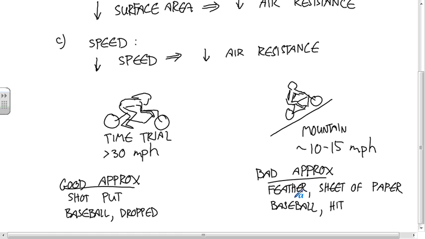If it's going slowly enough, you could make a free fall approximation with a feather. On the other hand, this 16-pound steel ball, if it was going the speed of sound, you would not want to be around. You'd want to be far away, and air resistance would have a big effect on its motion. It just would have to be going really fast for that to happen.